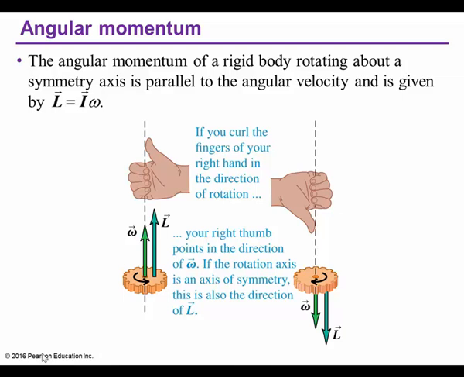Now, here they show us the right-hand rule again, and notice too, this is what I was talking about earlier. Notice how the angular velocity and the angular momentum are in the same direction. So when their vectors are parallel to each other, you've got positive angular momentum, which is counterclockwise.